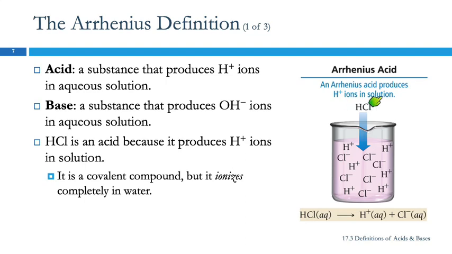The example here is HCl, which in its pure form is a gas, hydrogen chloride. When you dissolve it in water, it forms the ions hydrogen ion and chloride ion. A base, under this definition, is a substance that produces hydroxide ions in aqueous solution.